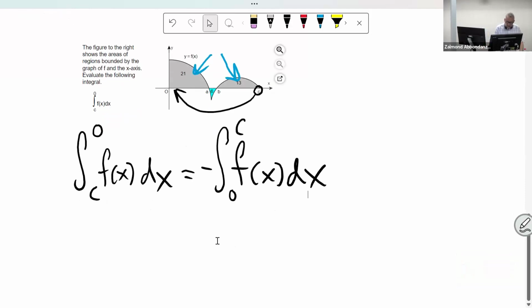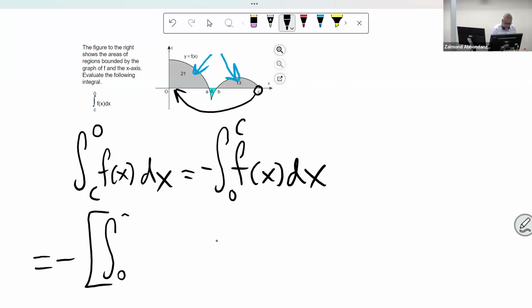Then I would break this up into the 3 areas. I would say that with this first one, everything is going to be negative. Instead of going all the way from 0 to C, I'm going to go from 0 to A. I'm going to start with that one. So from 0 to A of the function. That's an A. Okay.